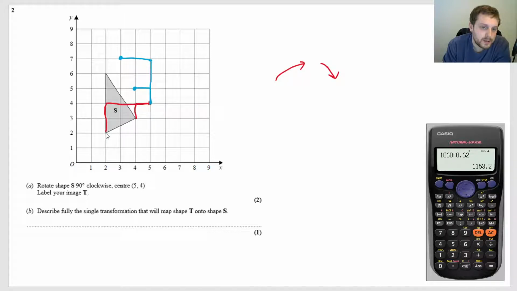So that bottom left corner actually ends up here. And what do we do here? 3, 2 will rotate 90 degrees and now become 3, 2. And now that's actually the situation we want. We can now actually just join these up.